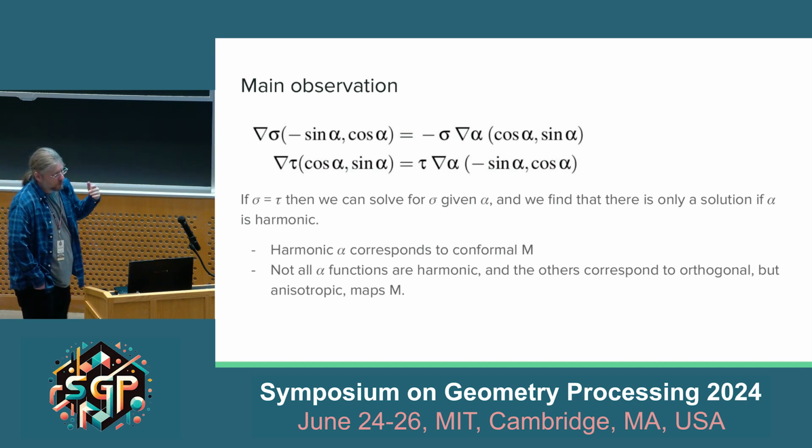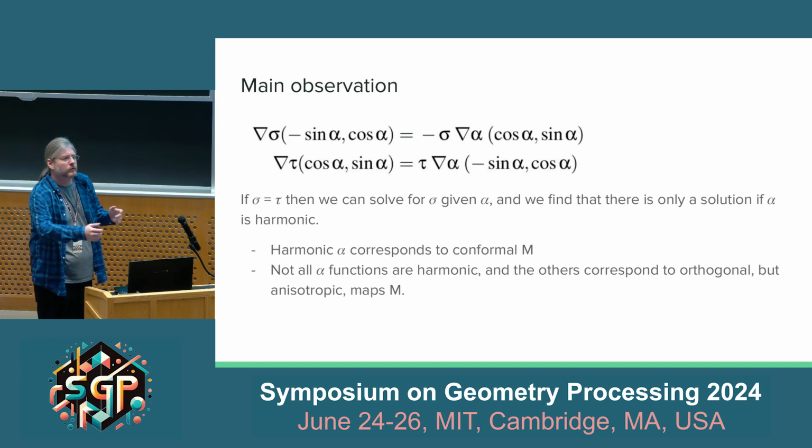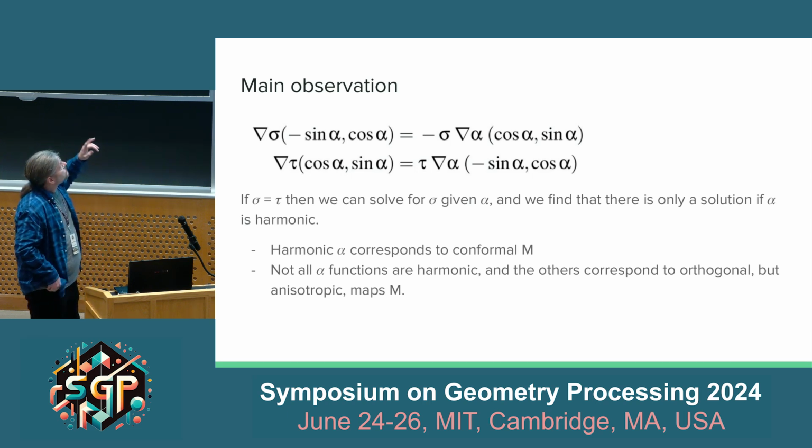So we were working with Knöppel et al.'s globally optimal direction fields, and we got the same result by relating the metric to the gradient or the curvature of alpha through the Levi-Civita connection.